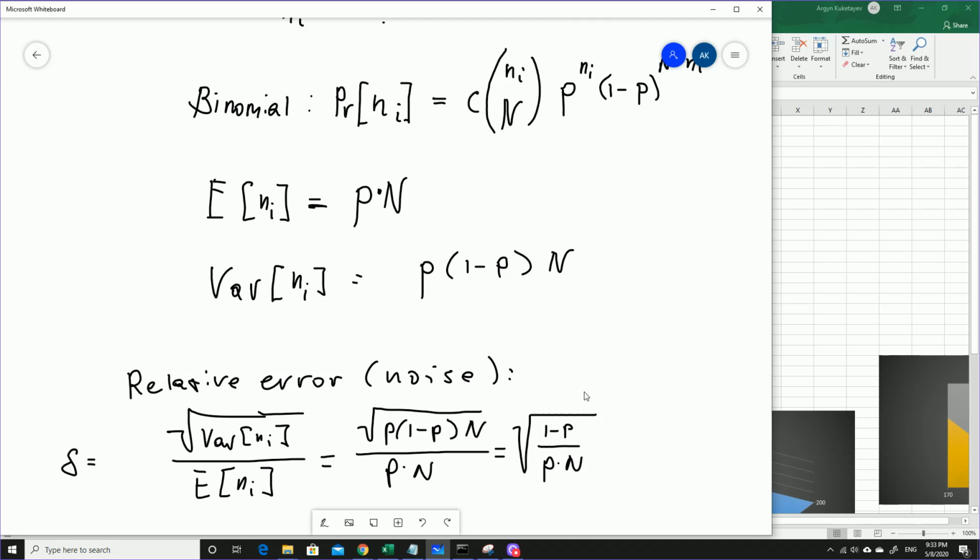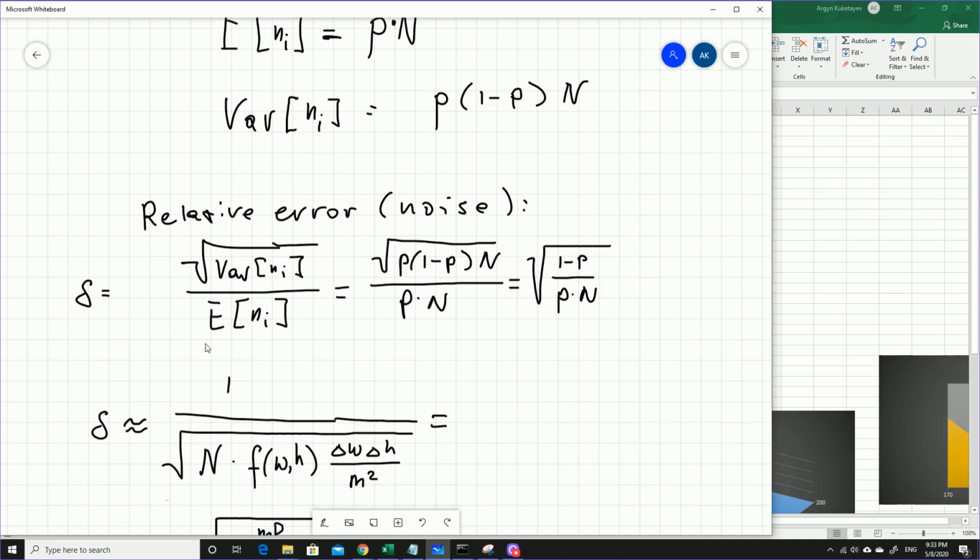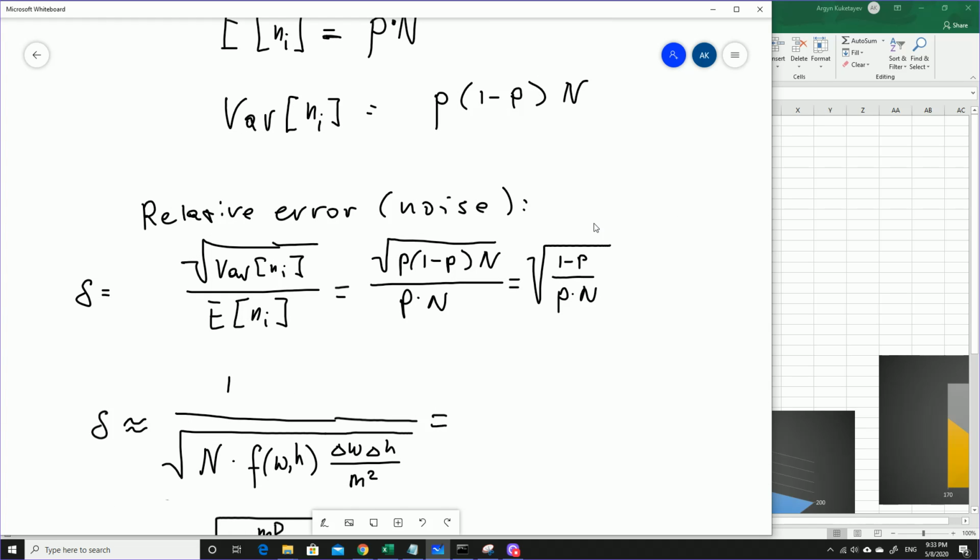So we plug in the formula, and we get the square root of (1 minus p) over pn. Quite often you can see this kind of expression, let's say in Monte Carlo simulations, when you are estimating the precision of your Monte Carlo simulations.